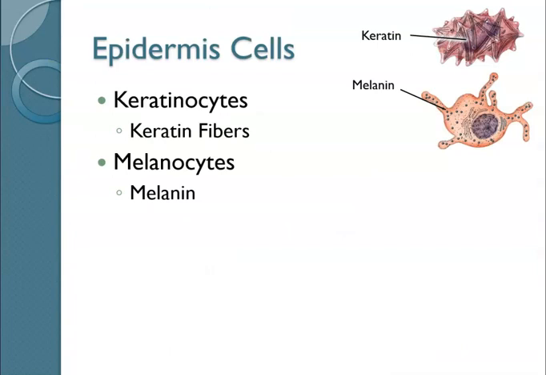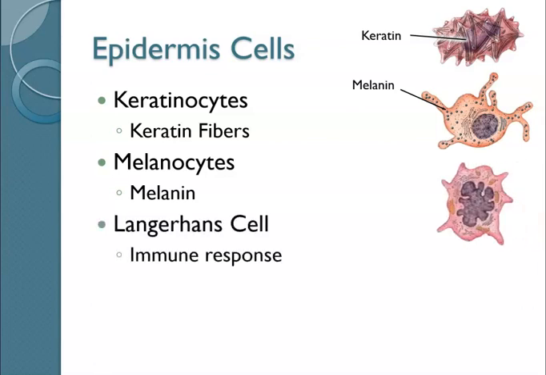So let's quickly go through some epidermal cells. The two predominant ones are keratinocytes, which are the most numerous. They give us the name for our epidermis, the keratinized, stratified, squamous epithelium. Then we also have melanocytes, which produce one of the pigments in our skin, melanin. We also have other cells like the Langerhans cells. These are the immune cells found in our skin.